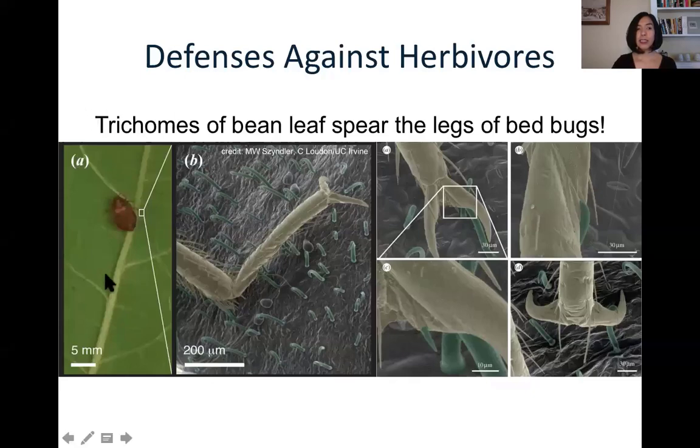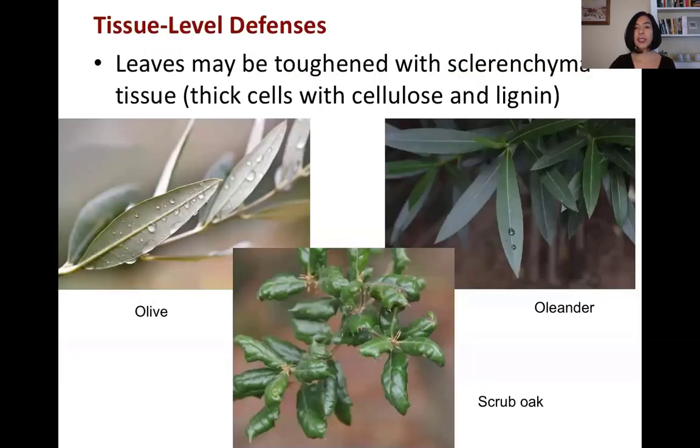Look at this bedbug walking on a leaf, and this leaf has recurved trichomes shown in green here, and you can see how these trichomes can really injure or trap the insect, and in some cases really pierce the insect right here. Hopefully you can see this insect has been pierced by this trichome.